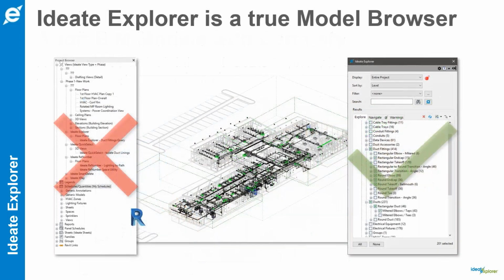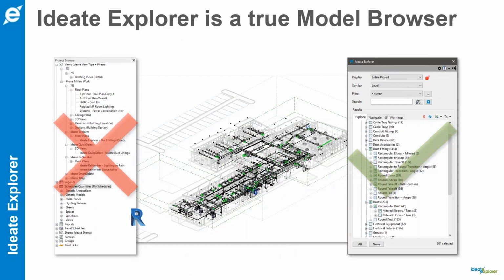It's showing you so much more than the project browser, with many more elements and types of elements. Basically, if it's in the model, it's going to appear in the Ideate Explorer interface.